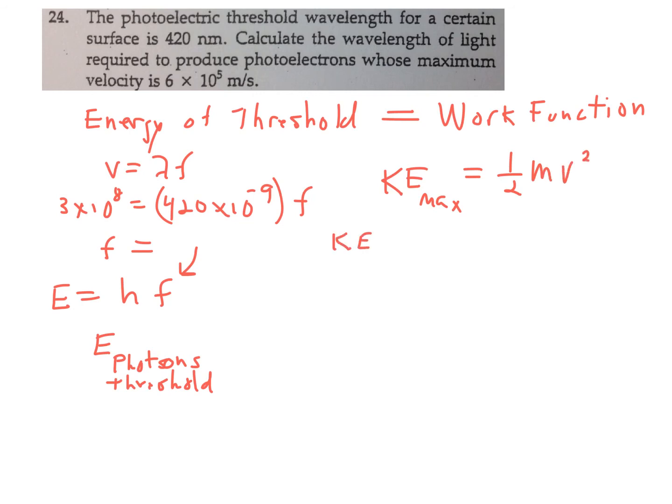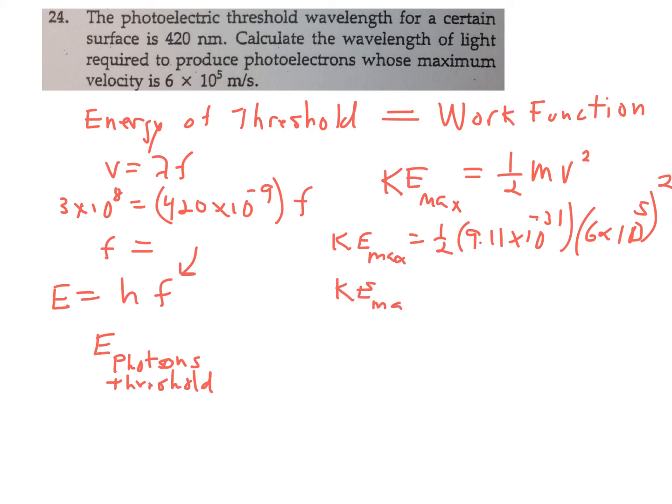So the kinetic energy max is 1/2 times 9.11 times 10 to the negative 31st kilograms, that's given, times that velocity, 6 times 10 to the 5th, quantity squared, squaring the speed. So you get a kinetic energy maximum for your photo-emitted electrons equal to some number.